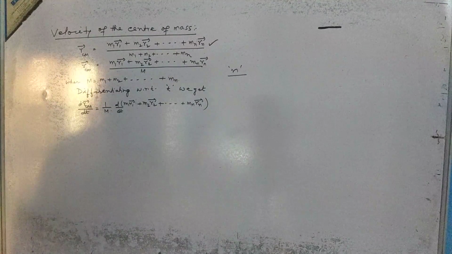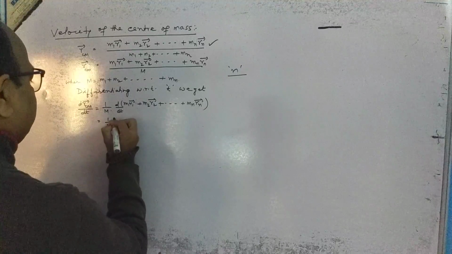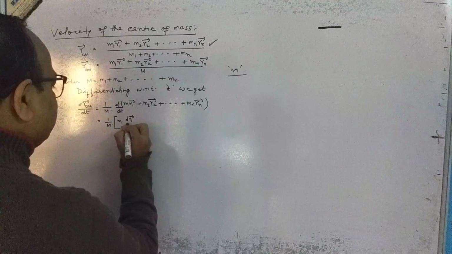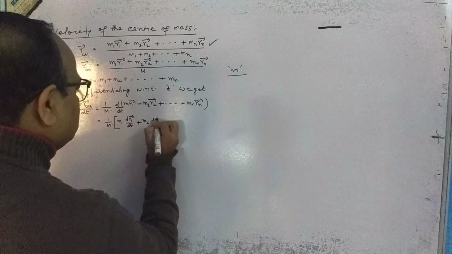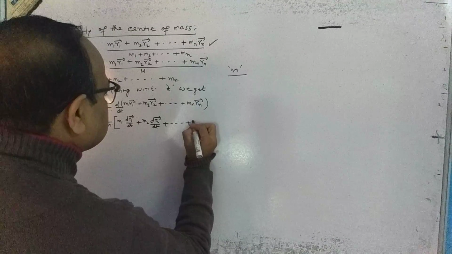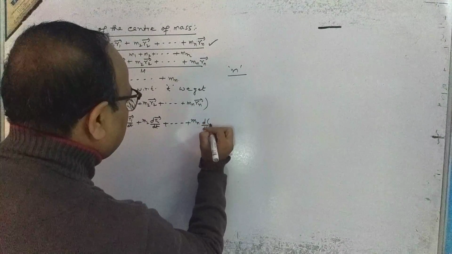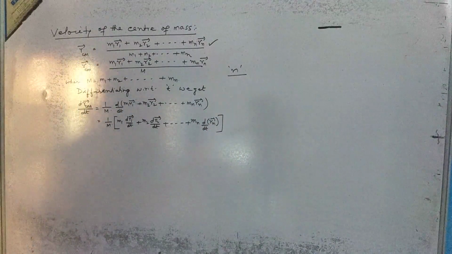Then it can be written as 1 by M, m1 dr1 vector by dt plus m2 dr2 vector by dt plus and so on, mn d by dt of rn vector.